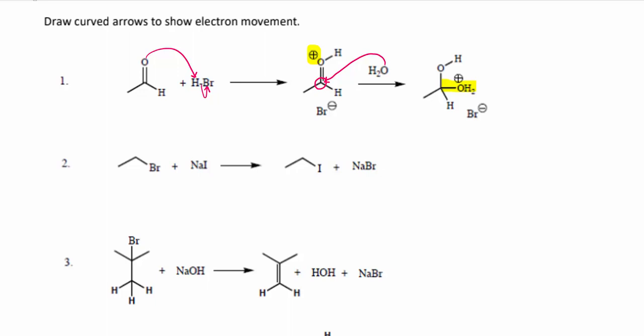So this carbonyl carbon is now acting as the electrophile. Again, this is another point I need you to be able to pick out when doing these electron movement reactions. You need to be able to find the electrophile and you need to be able to find the nucleophile. Once this oxygen attacks this carbonyl carbon, then this pi bond is broken and those electrons land on the oxygen in order to satiate that charge, because oxygen is not going to be stable with a positive charge.